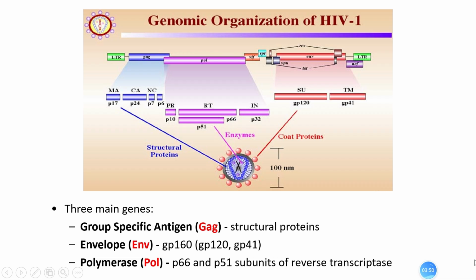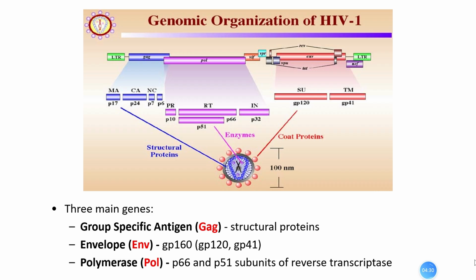This is the genome of HIV virus, HIV type 1. And roughly the genome can be divided into 3 parts. Let's see. The first part, GAG, is short for group-specific antigen. It encodes the structural proteins like P17, P24, the capsid protein, and P7, P6. And in the middle, that's the POL, polymerase.